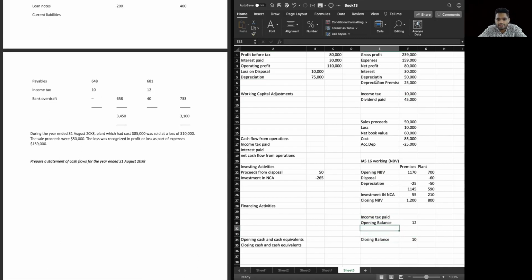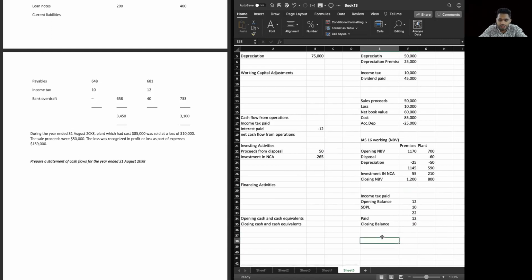So your income tax for the year is going to be 10,000. So that means the total amount payable should be 22. So if you have a closing balance of 10, the amount paid is going to be 22 minus 10, which is 12. So the income tax paid would be 12.